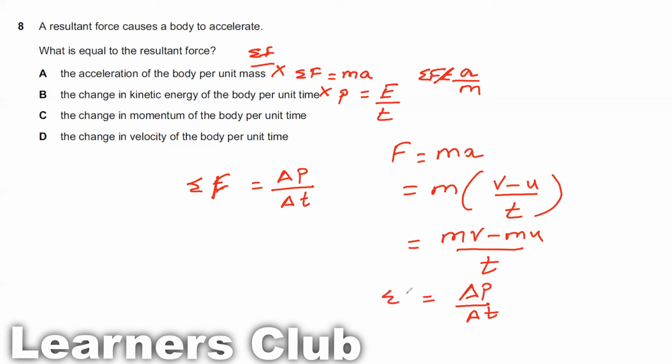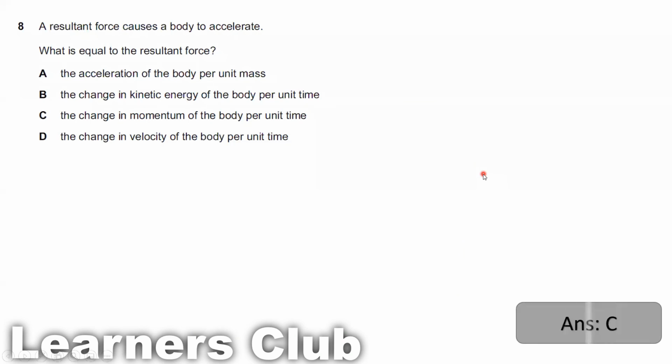So this is how this definition arrived. This is correct. The change in velocity of the body per unit time. Velocity over time, that's acceleration. So that is not the resultant force. Therefore, the answer for this question is option C.